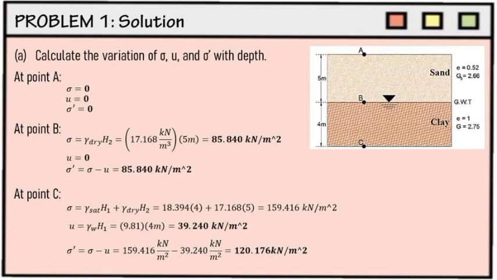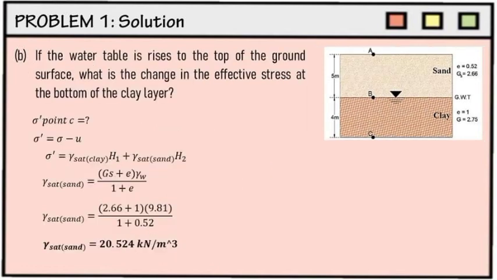So 9.81 multiplied by 4 is equals to 39.240 kilonewton per meter squared. For effective stress is equals to stress minus pressure is equals to 159.416 minus 39.240 is equals to 120.176 kilonewton per meter squared.